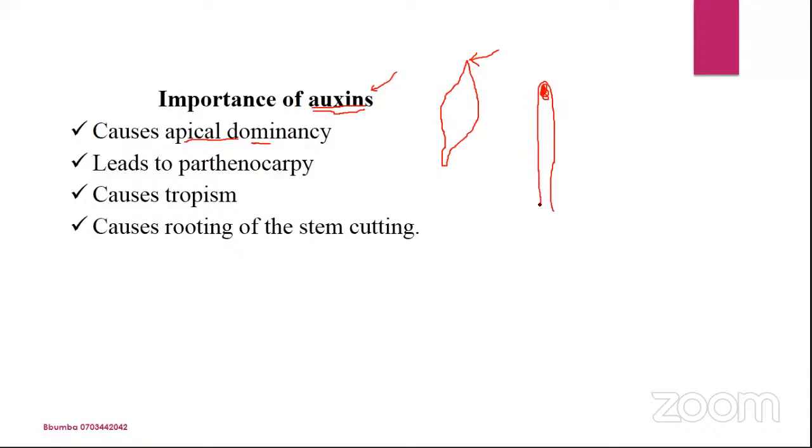In most cases, if some of you have those flowers which you normally grow in your gardens, normally they will have just a few leaves when they are just growing. But the moment you cut off the tip or you trim the upper parts of the plant, you find that this plant that has been trimmed, to trim means to cut off the upper part, it now grows other big branches.